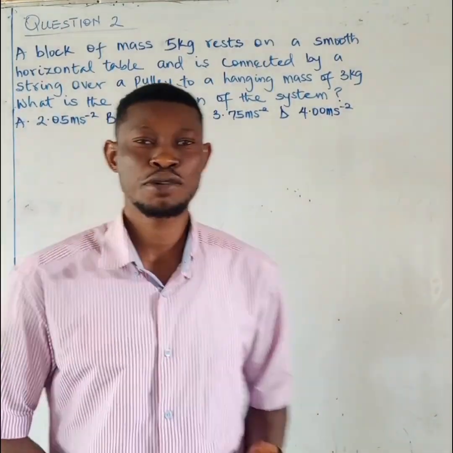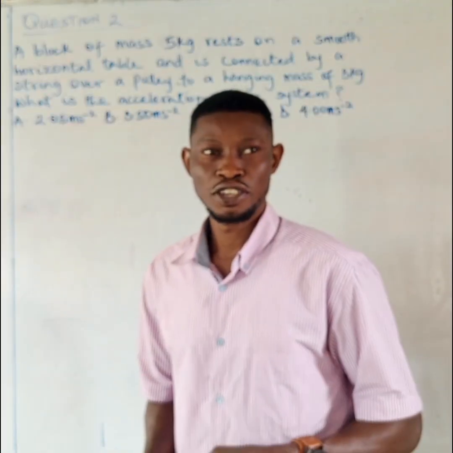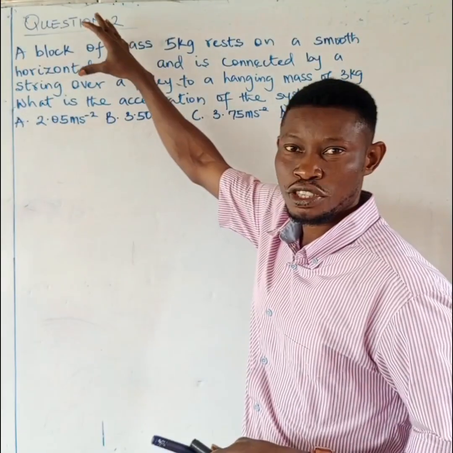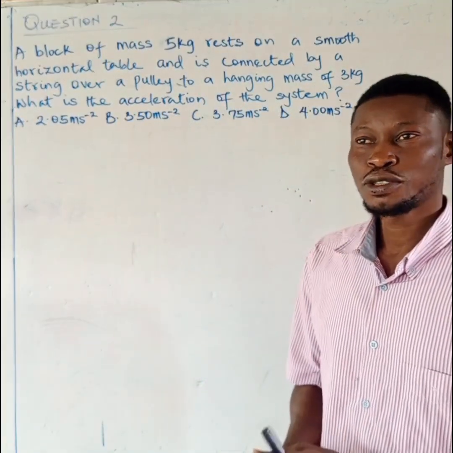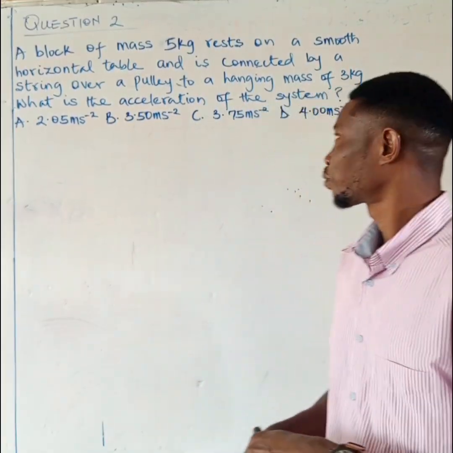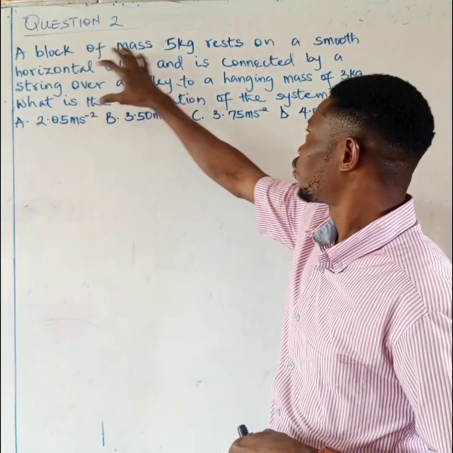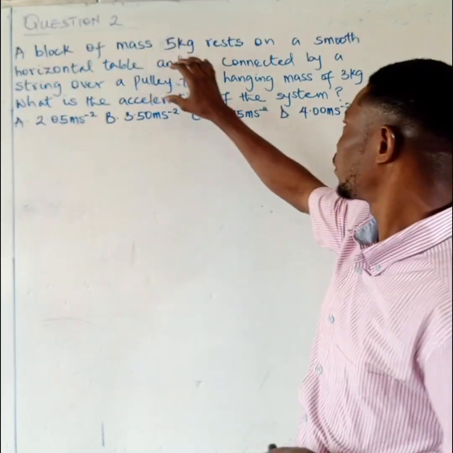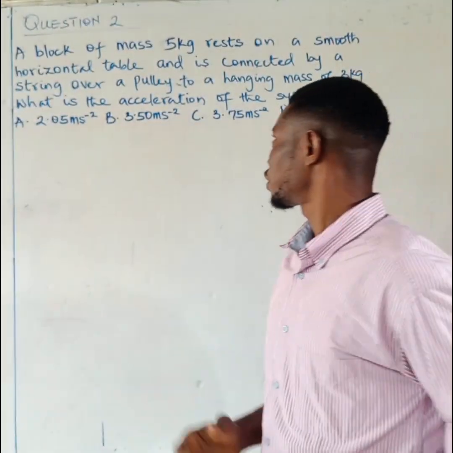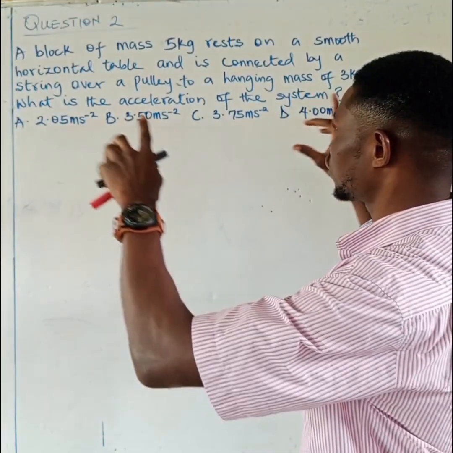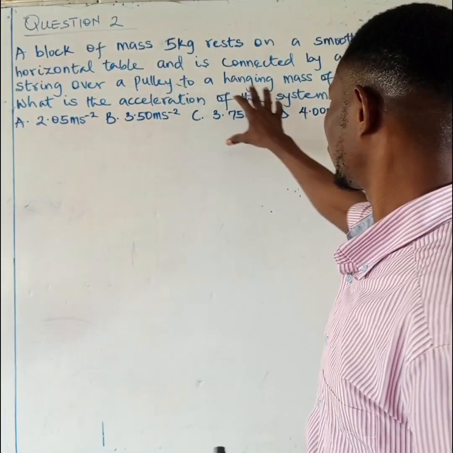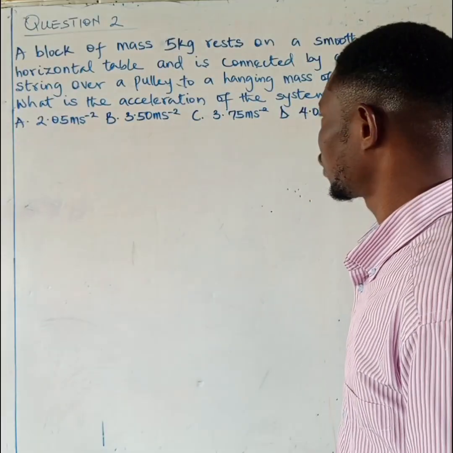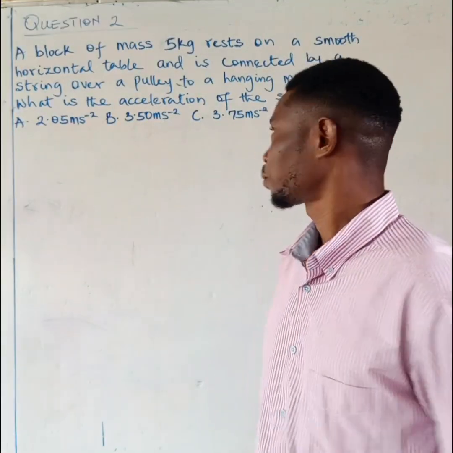Okay, so this is our second series on questions from linked accelerations. In today's question, a block of mass 5 kilograms rests on a smooth horizontal table and is connected by a string over a pulley to a hanging mass of 3 kilograms.